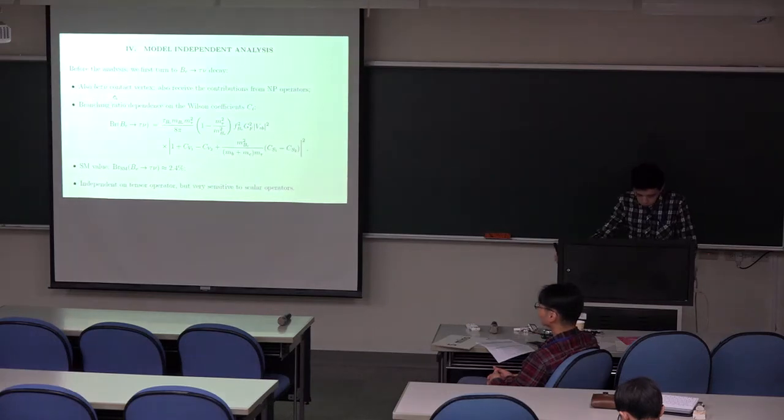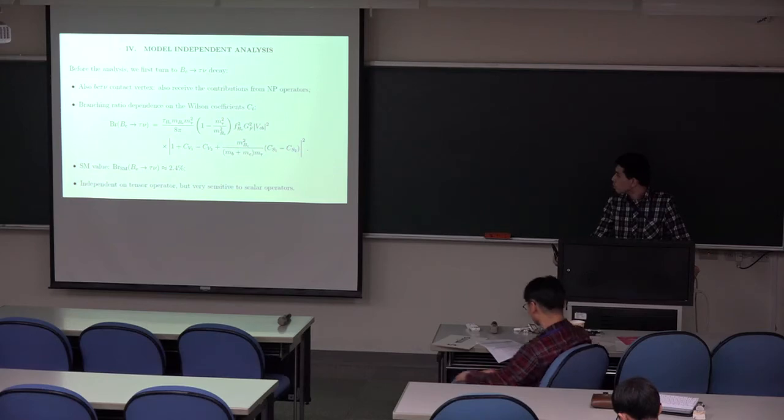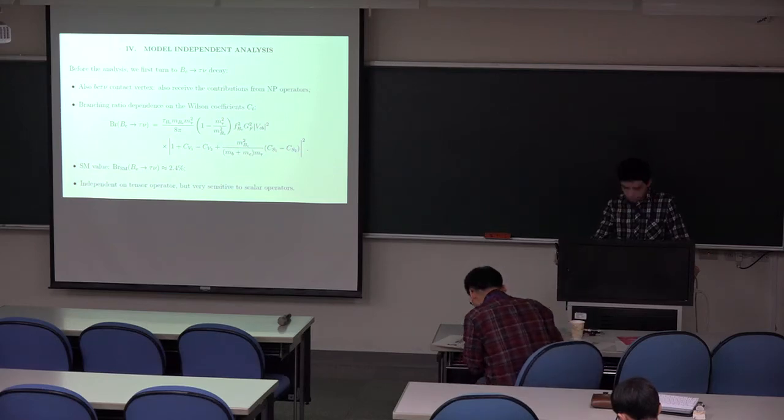Now let's turn to the model independent analysis. Before the analysis, we re-estimated the B_c to tau nu decay limit, because this decay can be induced by the b to c tau nu vertex.